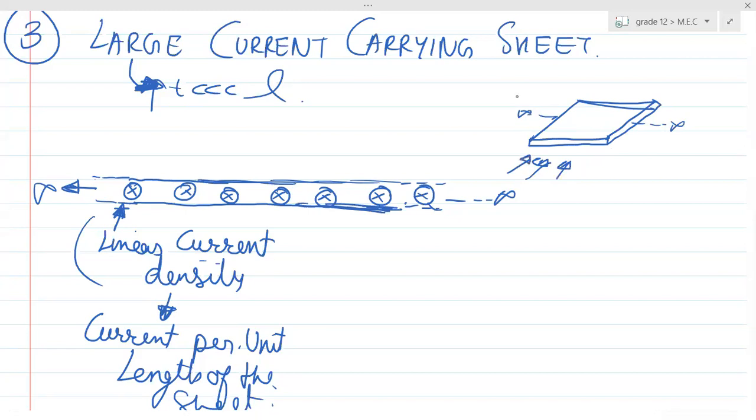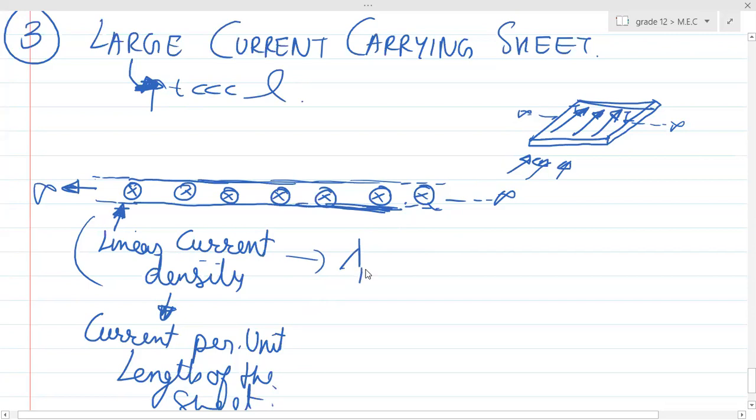Now the current in the sheet is going like this, into the plane, so that's why the cross. Is this clear? The linear current density, let's name it.